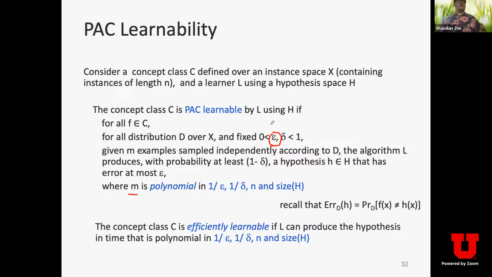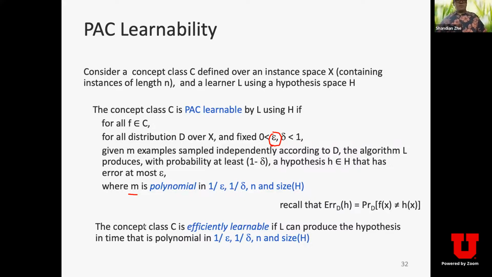That's in the limit. Limit means, if you make your number of training examples go to infinity, you might find a hypothesis that converges to the target function. But in practice, you'll never reach the limit. That's why we say approximately correct.